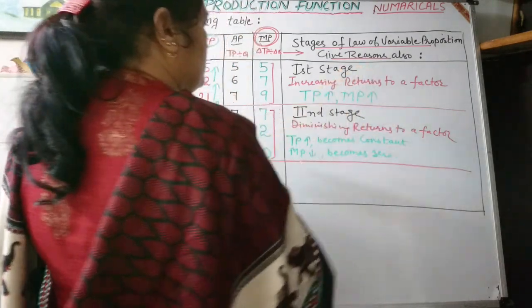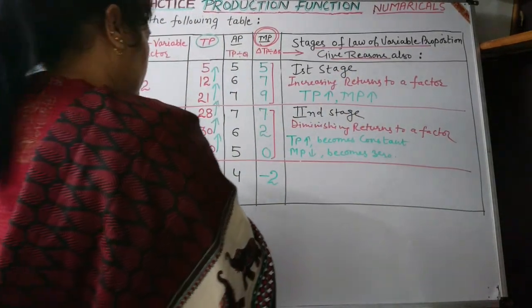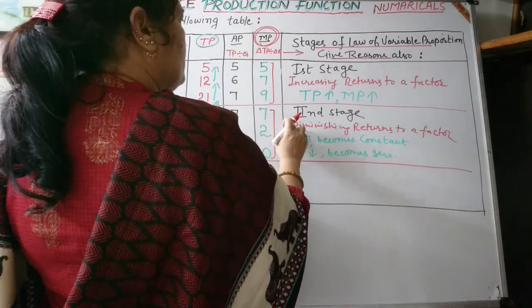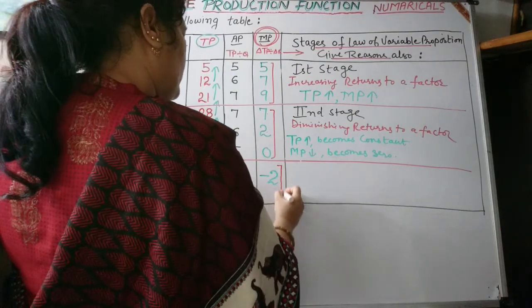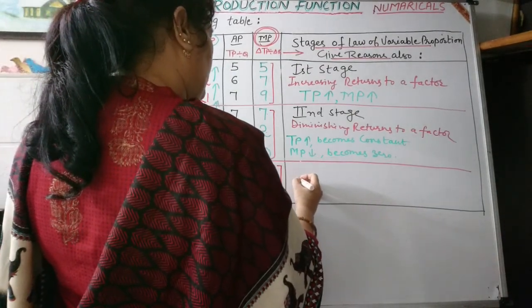These are the causes. That's why we have distinguished between the first stage and second stage, and ultimately the next one is the third stage of production.